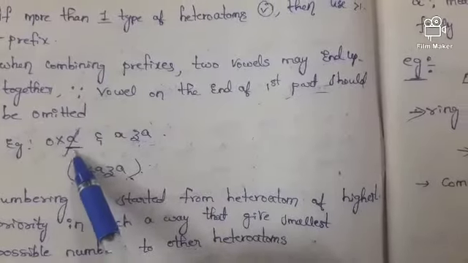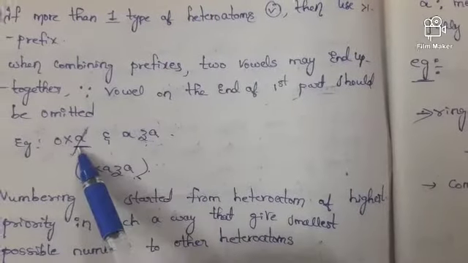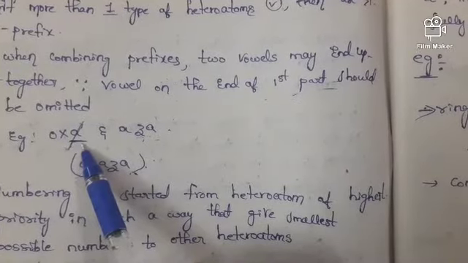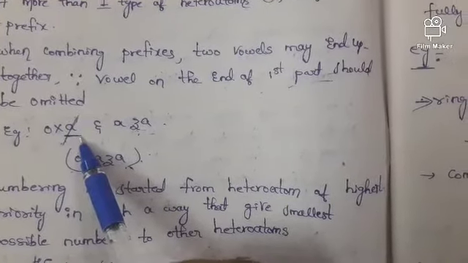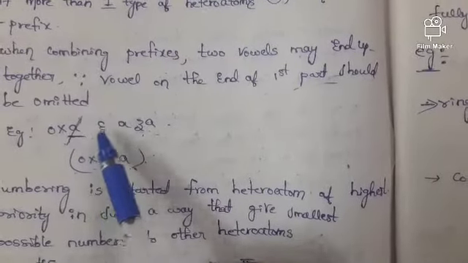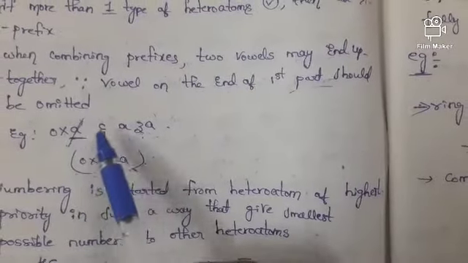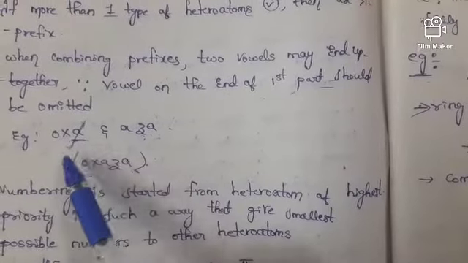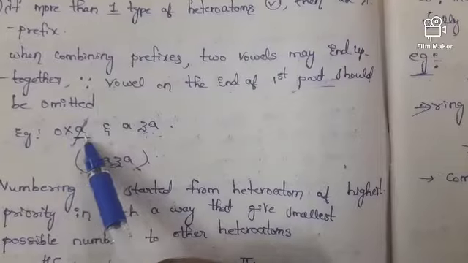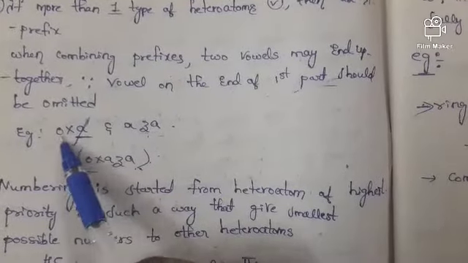A and a, these are vowels. Now I think you have an idea about the vowels. We have five vowels: A, E, I, O, U. If we get vowels at these positions, then we should remove the vowel which is present at the end of the first prefix.